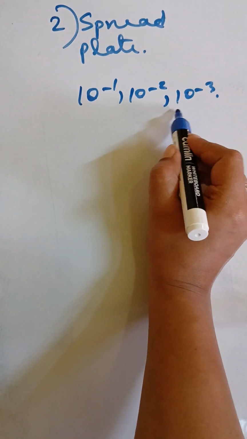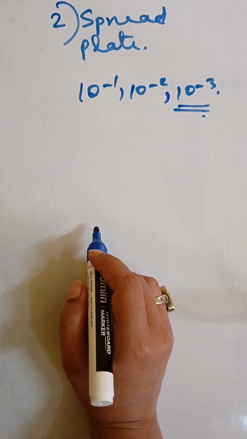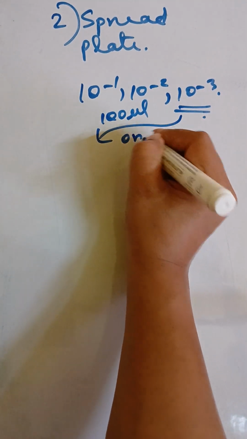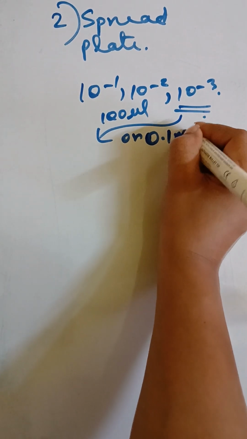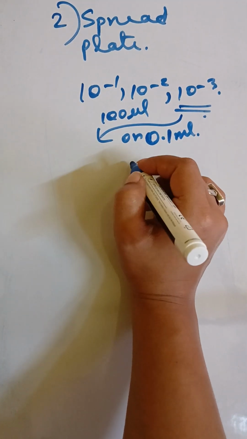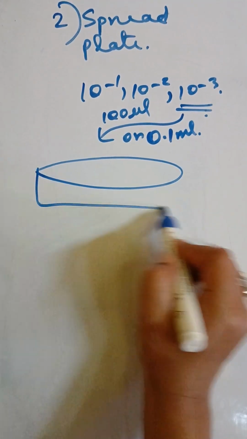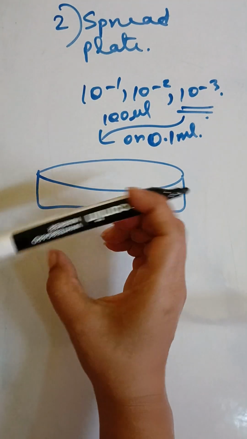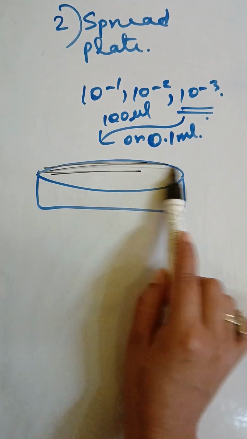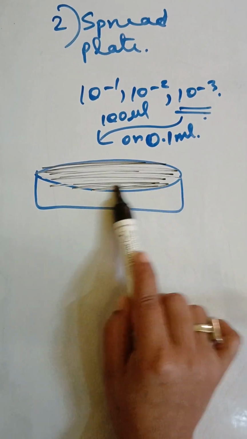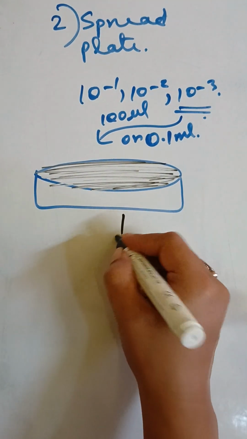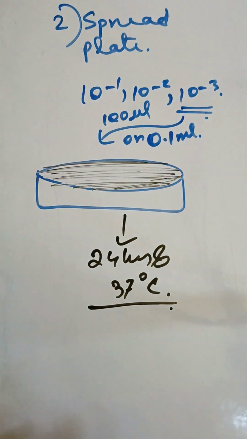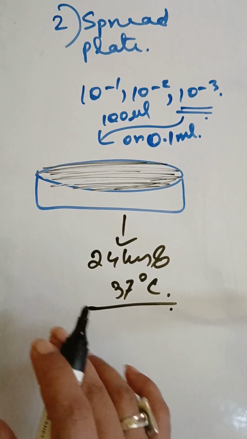If we want to plate from the 10 to the power minus 3 dilution, we just take 100 microliter or 0.1 ml inoculum and spread it on a bacterial agar media. Like this. We spread it onto the bacterial agar plate and then incubate for 24 hours at 37 degrees centigrade. This is a general growth condition for bacteria.